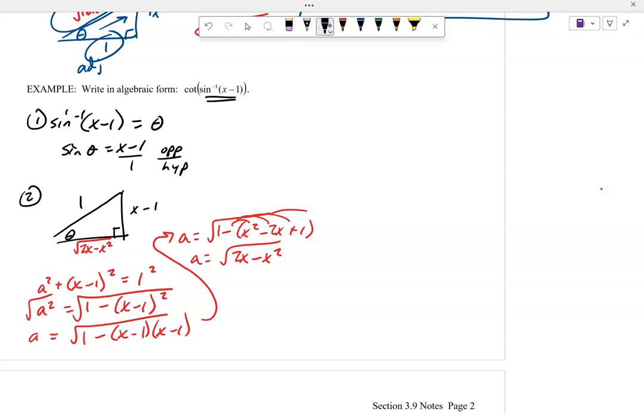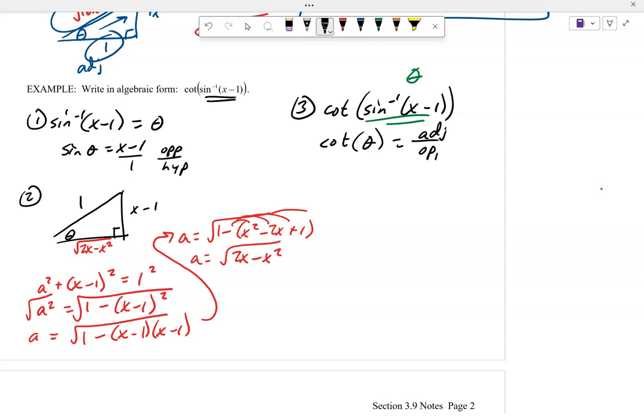And now step 3. Remember, we were finding the cotangent of the arcsine of x minus 1, but we called that theta. So really we're finding the cotangent of theta. The tangent is opposite over adjacent, so the cotangent would be adjacent over opposite.